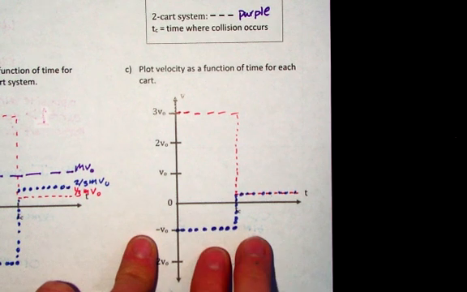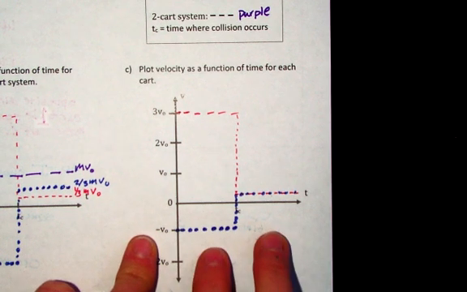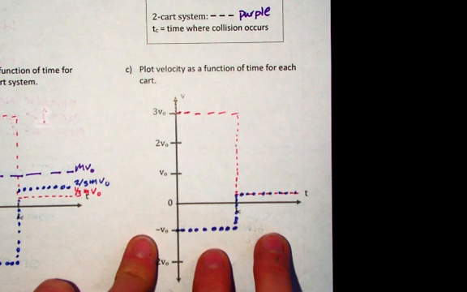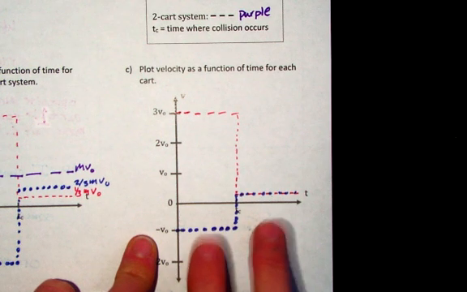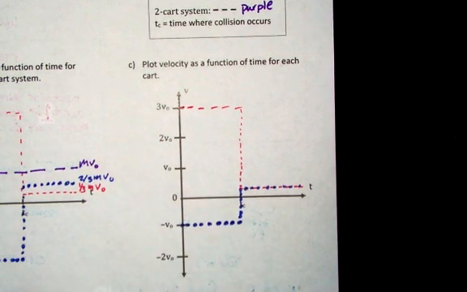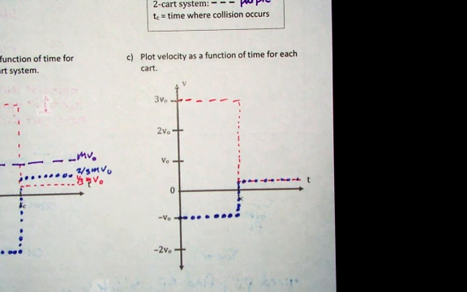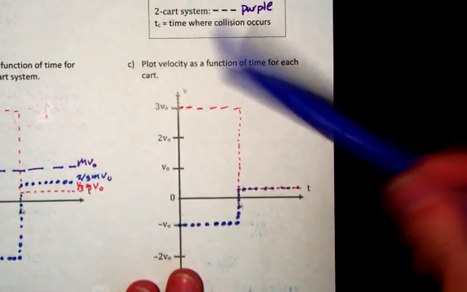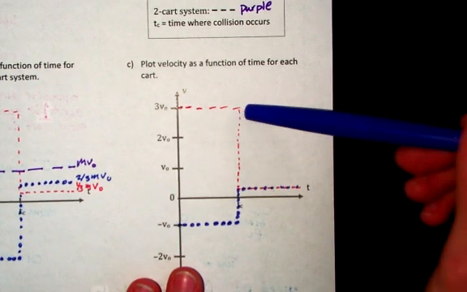So it's harder to change the motion of something with more mass. That goes back to our inertia laws too. An object in motion wants to stay in motion, and an object at rest wants to stay at rest unless you have some sort of unbalanced force. But this is more massive, so it has more inertia, which makes it harder to change its velocity in comparison to the velocity of the red cart.